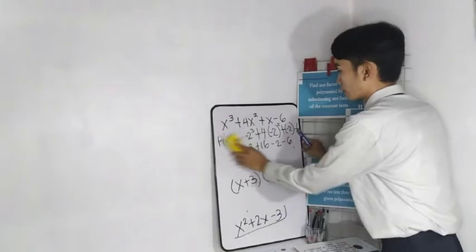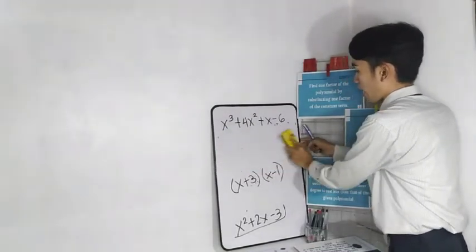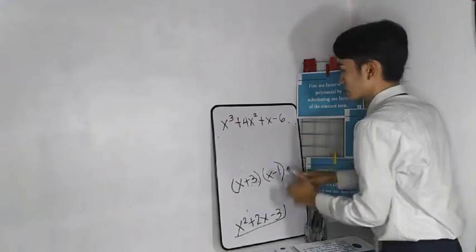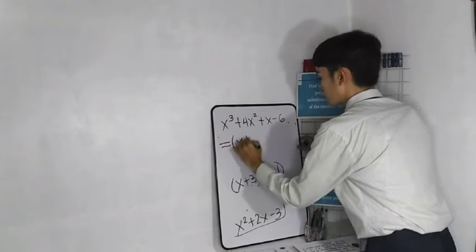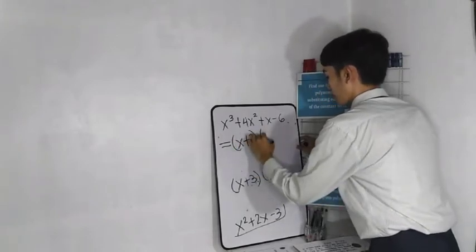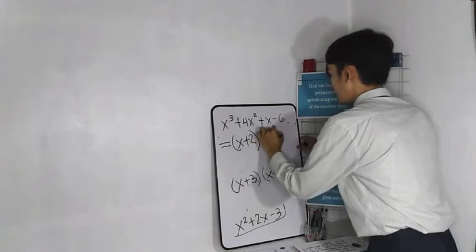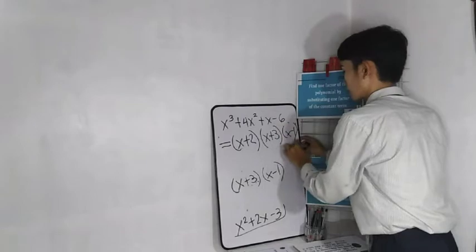Therefore, the final factors of our given polynomial are x plus 2, x plus 3, and x minus 1.